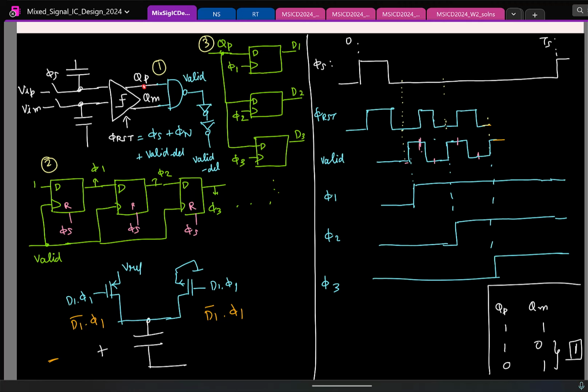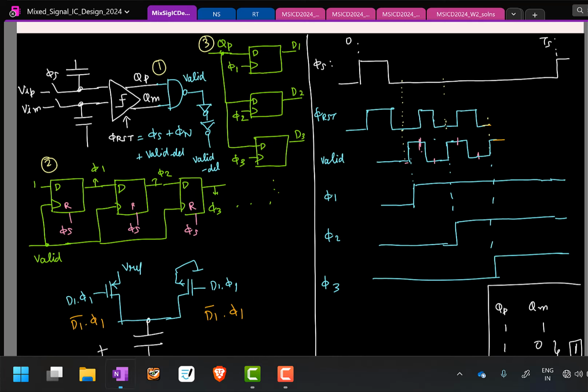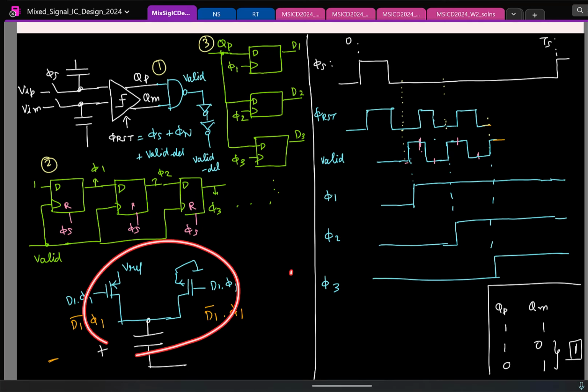Once every comparison is done, you store the data and switch a capacitor here. Now in parallel, once the comparison is done, you are waiting for a while and resetting it again. So these two have to be properly thought of, that's all. Correct, we have to ensure sufficient delay is there here.